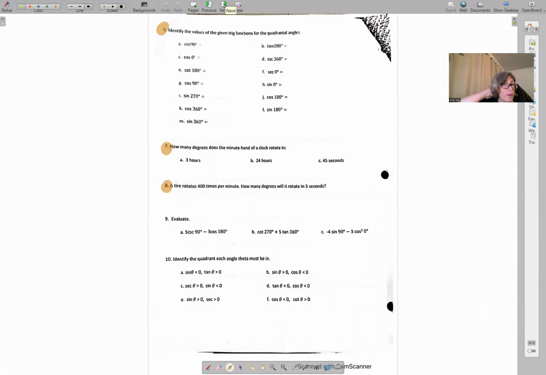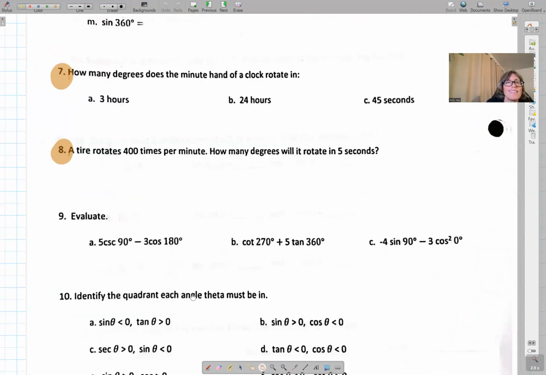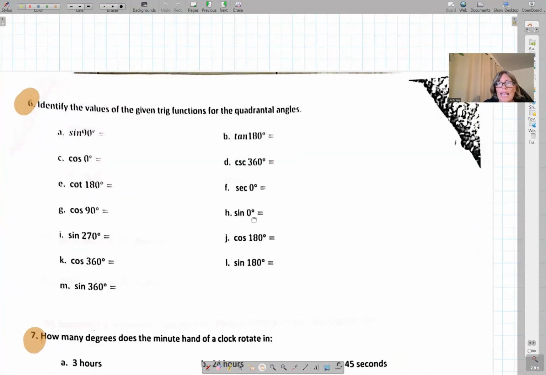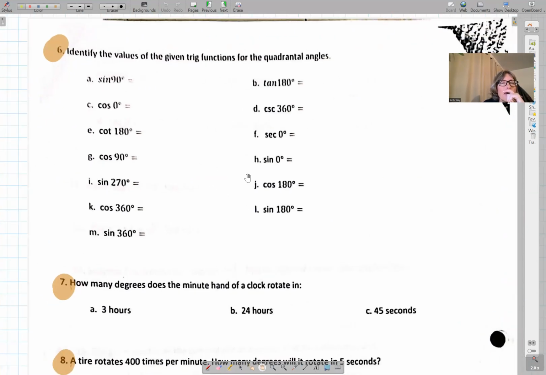Okay. I think you mentioned 6. If not, I'm going to go over it anyways. This looks a little wonky. All right. So you have to kind of think things through slowly.